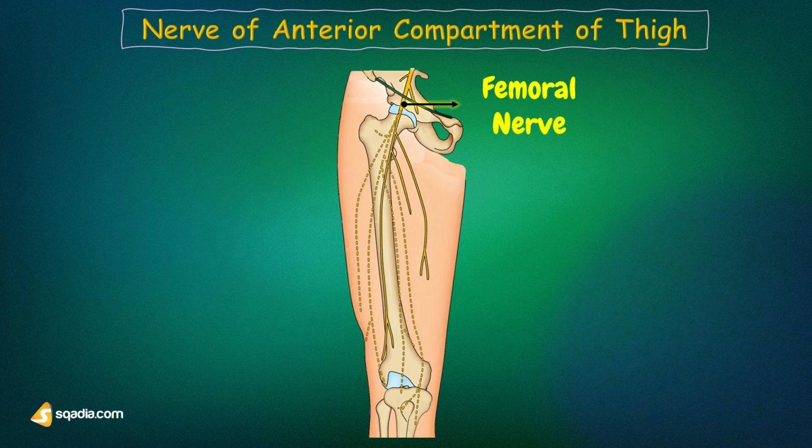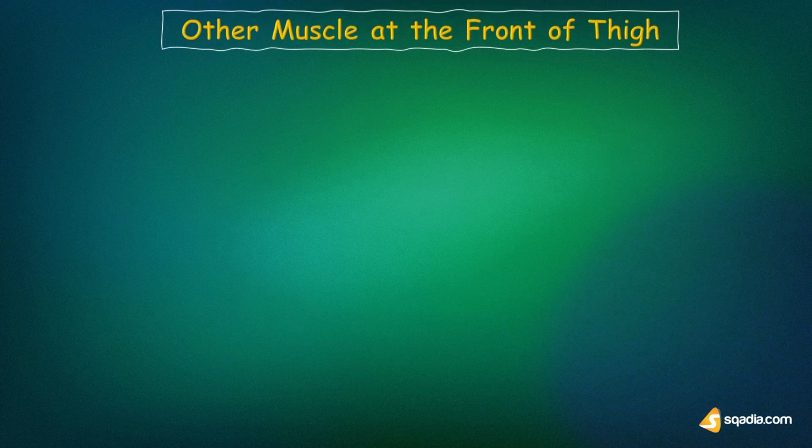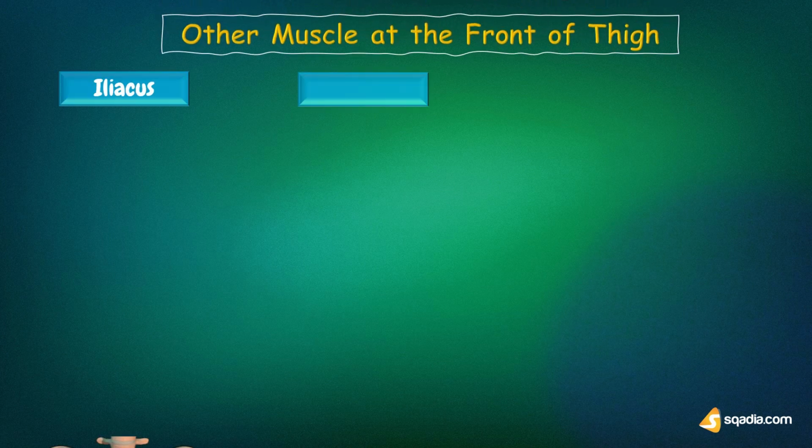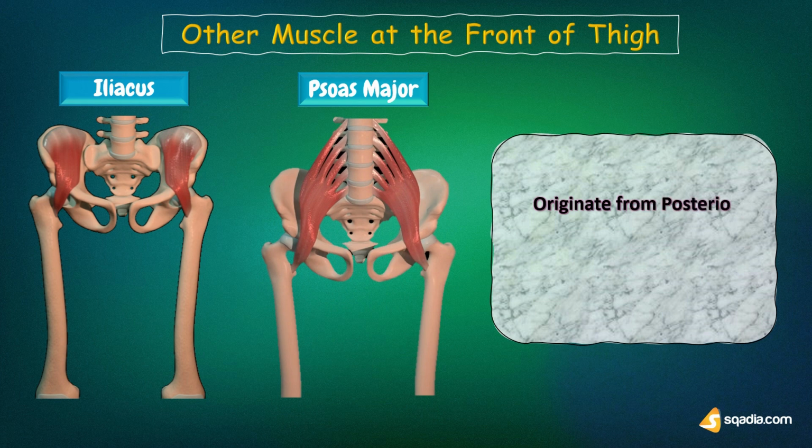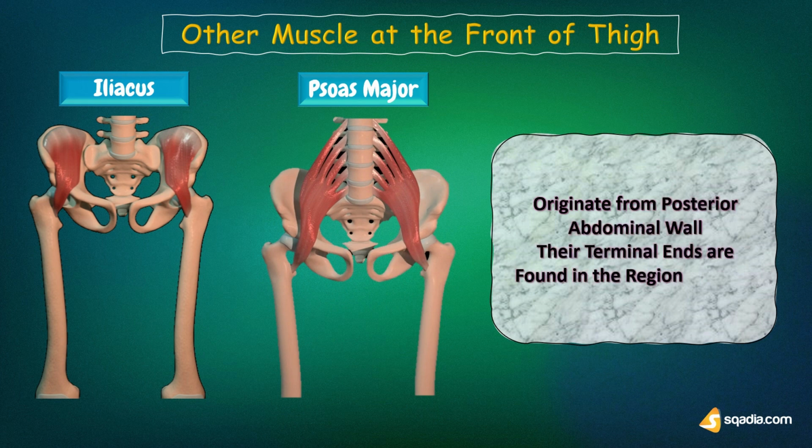In addition, the terminal ends of the psoas major and iliacus muscles pass into the upper part of the anterior compartment from sites of origin on the posterior abdominal wall. Although these two muscles are not considered to be part of the anterior compartment of the thigh, we will talk about them briefly as they do make up part of the thigh.